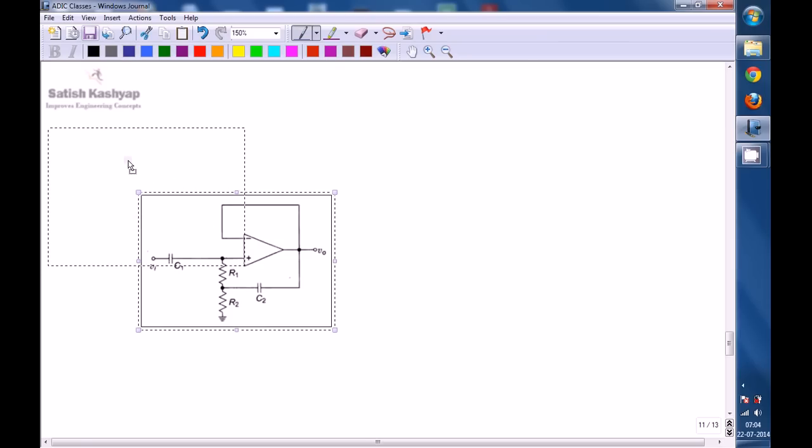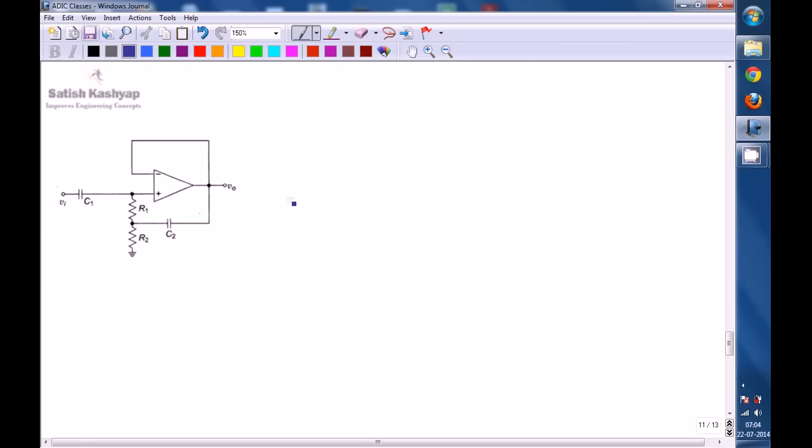So this is the AC voltage follower circuit, and assume C1 and C2 act as short circuit for frequencies greater than FL. Whenever they are acting as short circuit, simply C is replaced with a wire.